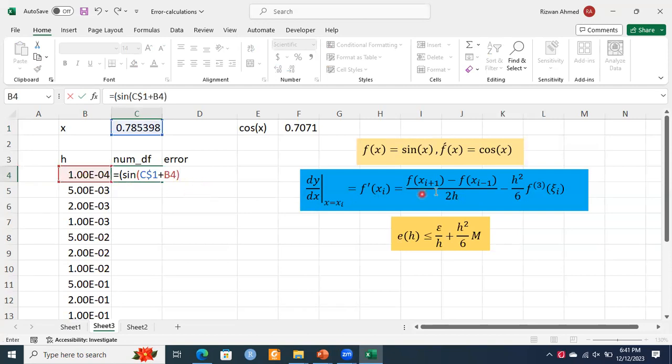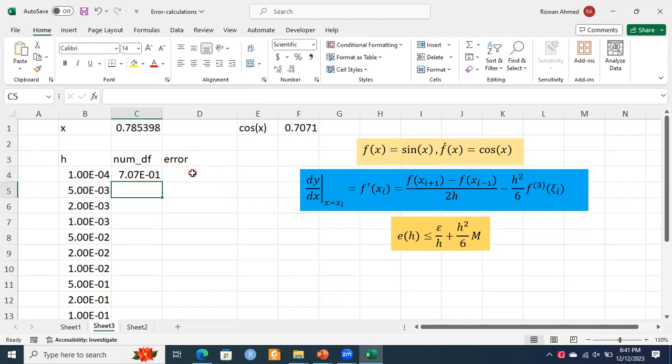This is equivalent to computing f of x i plus 1, minus sine of again C$1, from the cell, minus the h value from its respective cell, and divided by 2 times the h value. It's the midpoint formula. So we have got a value.